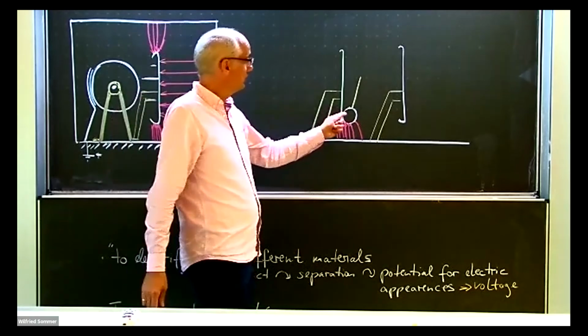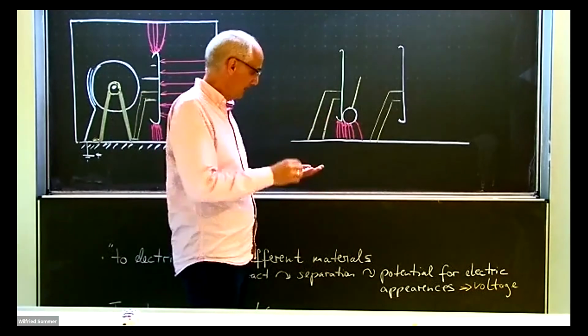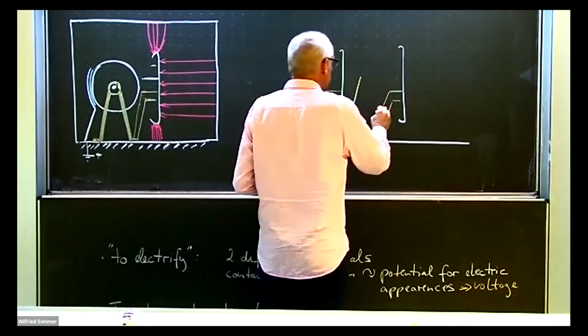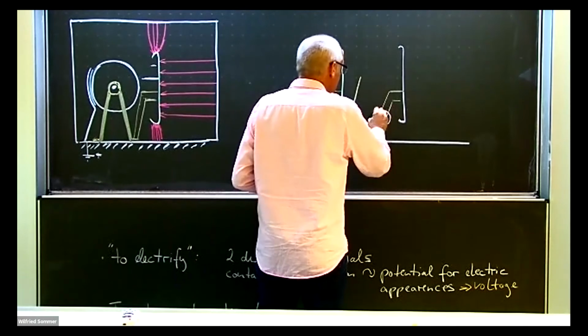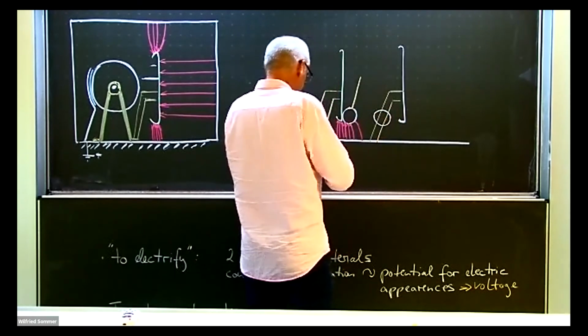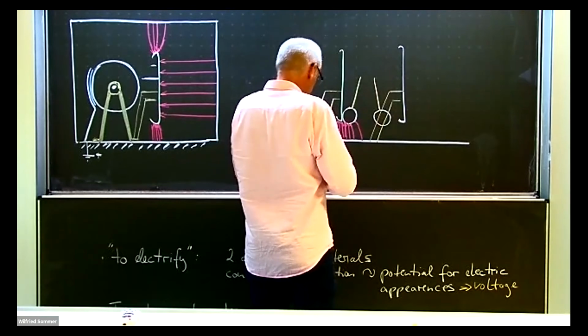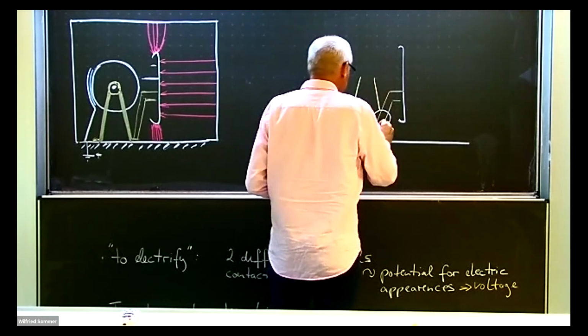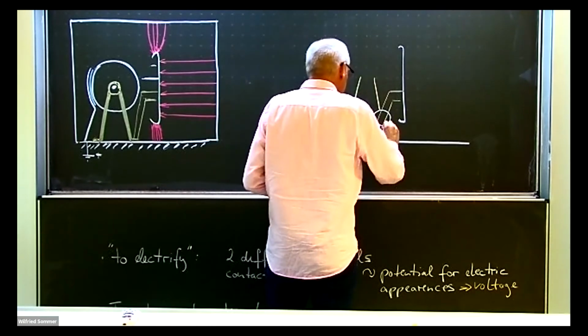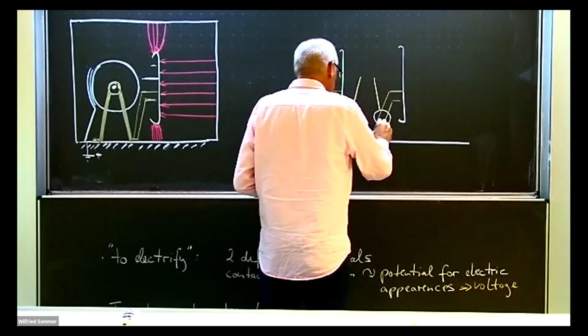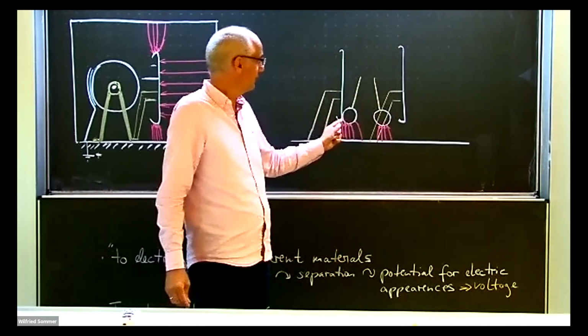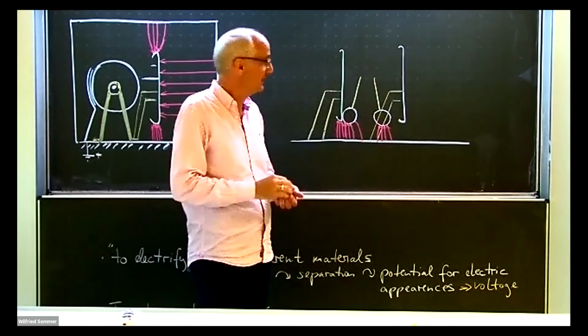And if I'm going to move that conductor sphere here at this position, I will have the electric field here, and it will just follow the movement. So you have a displacement of the field.